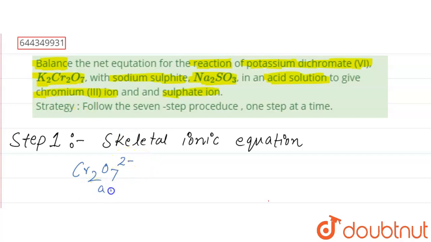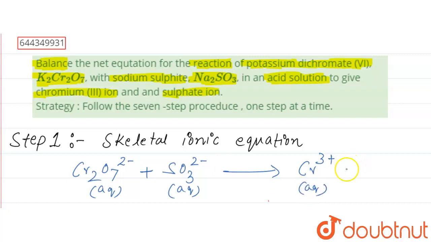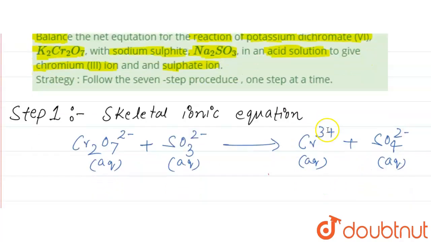This is aqueous, with SO3 2-, again aqueous. This will form Cr3+, chromium 3+, again aqueous, and sulphate ion SO4 2-, again aqueous. This is the equation. This is step 1.